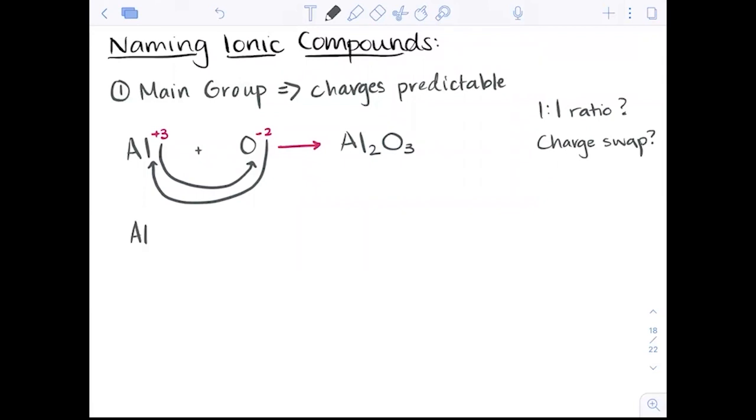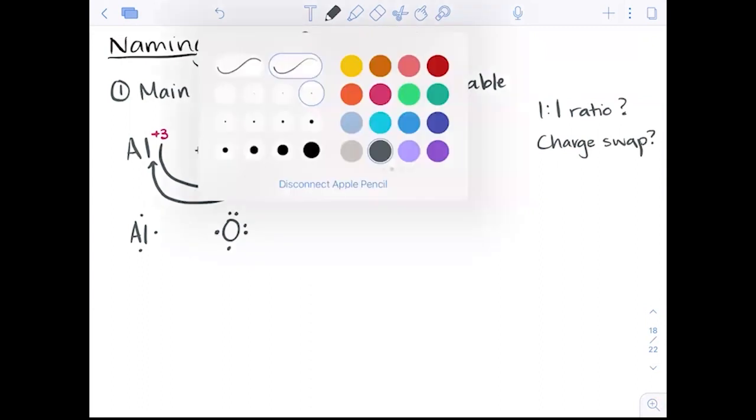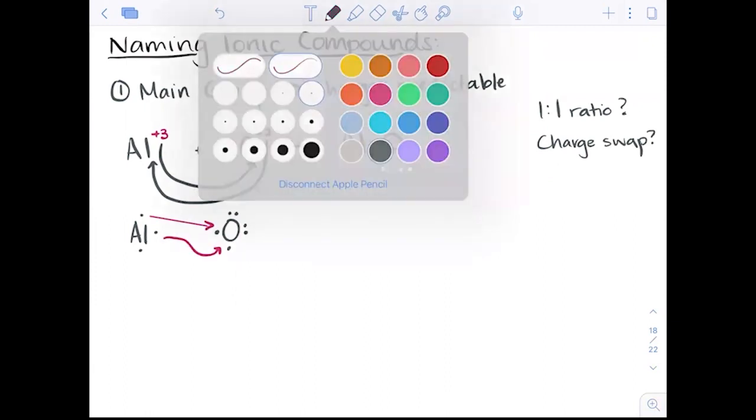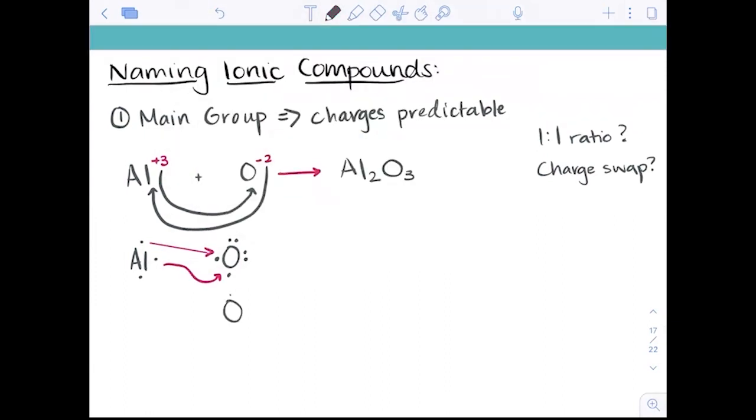If we have aluminum with 3 Lewis dots and we have oxygen with 2 available places, we can put 1, 2, let's draw another oxygen until we balance and we fill up everything.